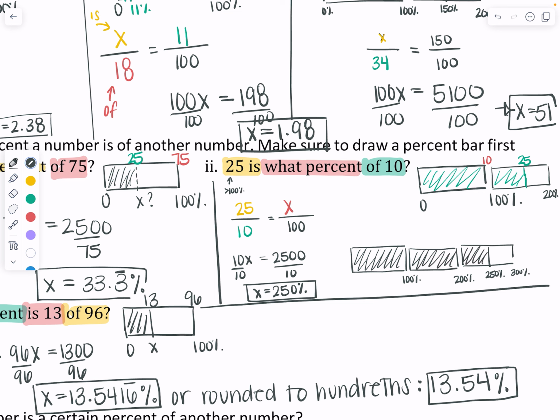And that 250% corresponds with the 25, and the whole, the 10, corresponds with 100%. The 25 corresponds with the part, quote unquote, even though the part is larger than the whole, and that's because I'm greater than 100%.